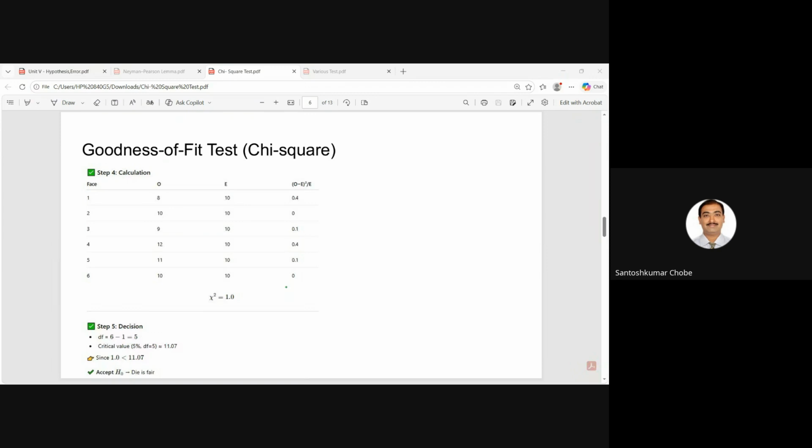Sometimes they say take the significance level as 10%. So like this, the significance level will be given in the exam. Again, I will repeat the importance of the significance level: it says how confident I am that I will be getting the right result.